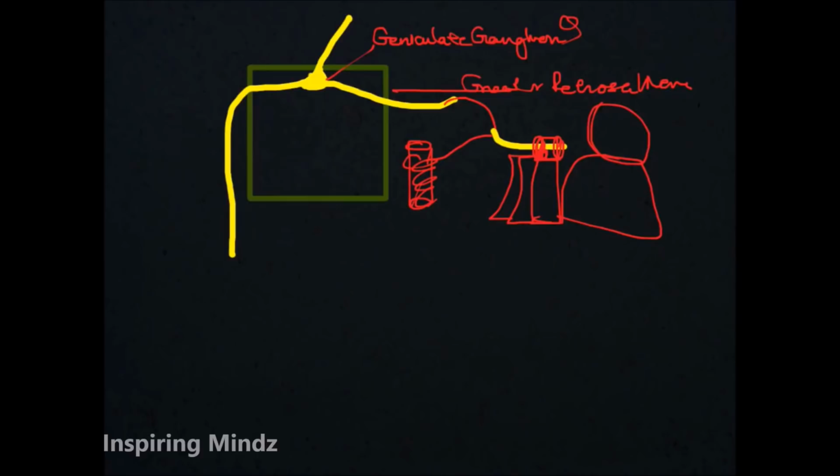In this gap, known as the sphenopalatine fossa, it contains the sphenopalatine ganglia. So the greater petrosal nerve joins with the sympathetic plexus, forms the vidian nerve, traverses through the pterygoid canal, and now reaches the sphenopalatine ganglia.